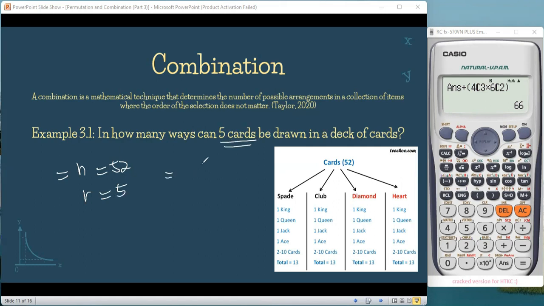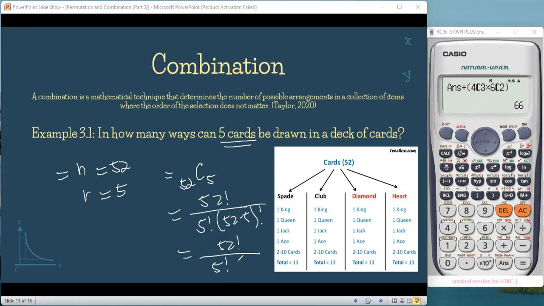That is the combination of 52 taken 5 at a time, or 52 factorial over 5 factorial times (52 minus 5) factorial. 52 minus 5 is 47, so we have 47 factorial.